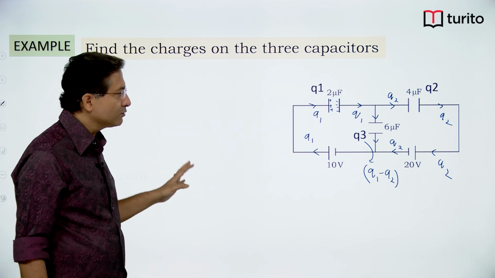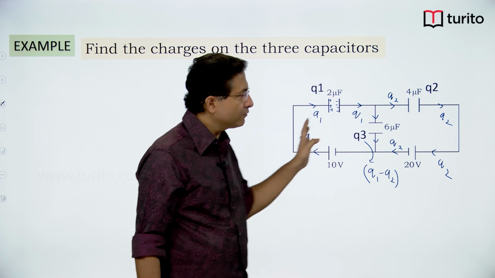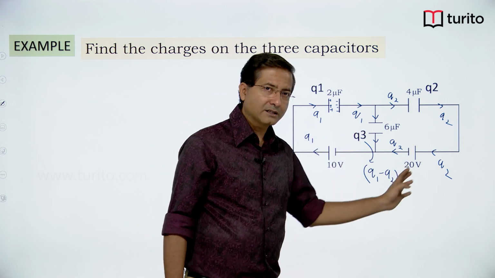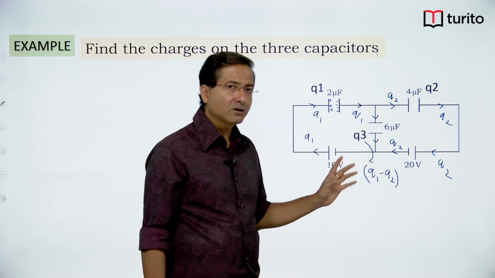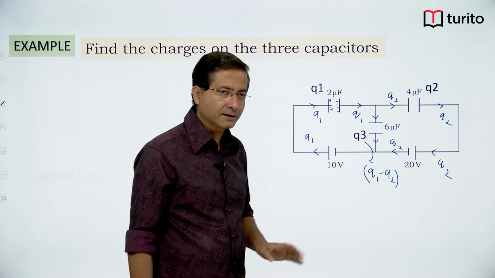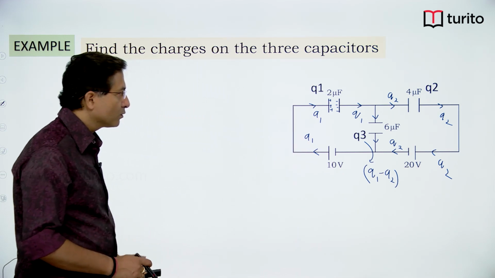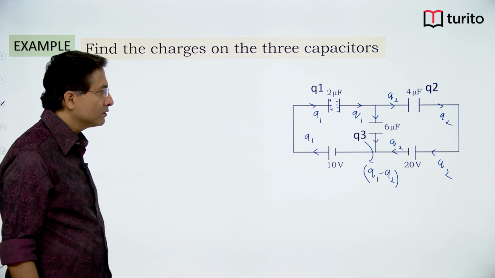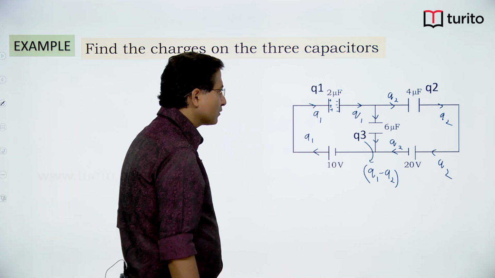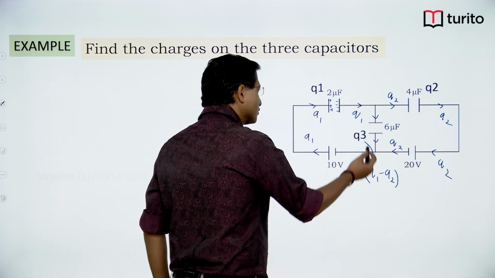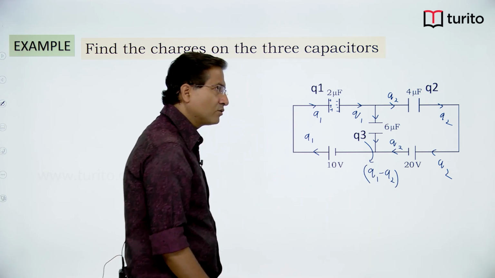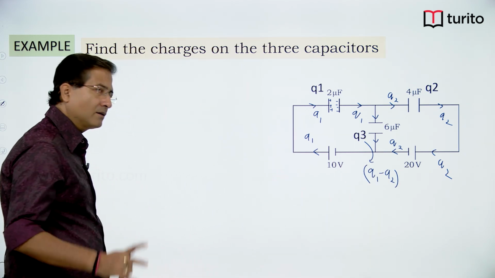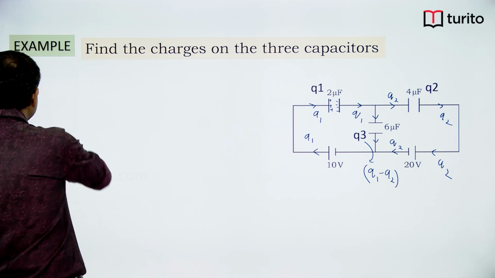But we have assumed some direction and if the directions are not correct, that particular quantity will come with a negative sign, right. So, if I count the number of unknowns, I do not know the values of Q1 and Q2, because Q3 is in the form of Q1 and Q2 only. So, basically there are two unknowns.